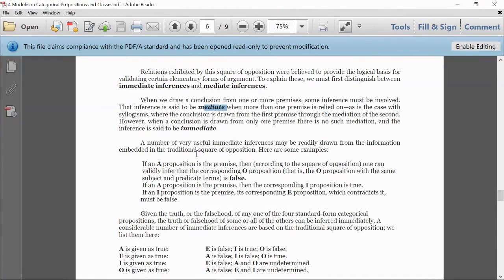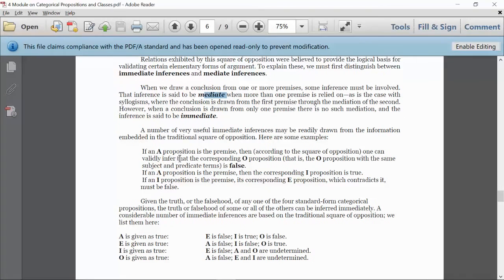A number of very useful immediate inferences may be readily drawn from the information embedded in the traditional square of opposition. For example, if an A proposition is the premise, then one can infer that the corresponding O proposition is false. The one I was trying to explain a while ago.